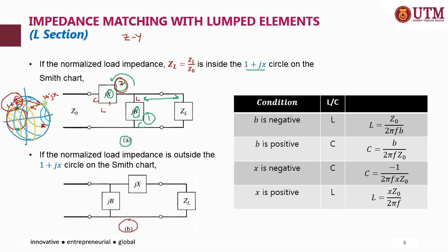Okay, however, in this case, the normalized load impedance will be outside the 1 plus JX circle. So what's the difference between the capital letter B and the smaller b? So the smaller b, basically, is the normalized value that you got from your Smith chart, but the capital B is the real value that you have multiplied by the Z0.